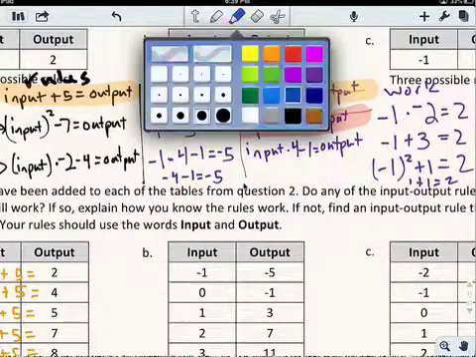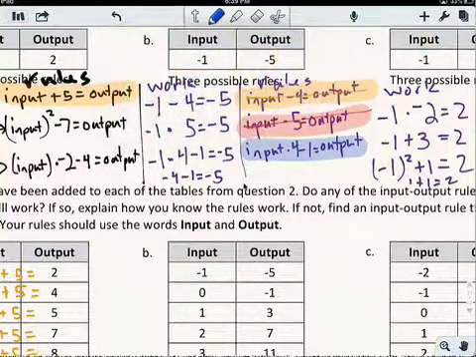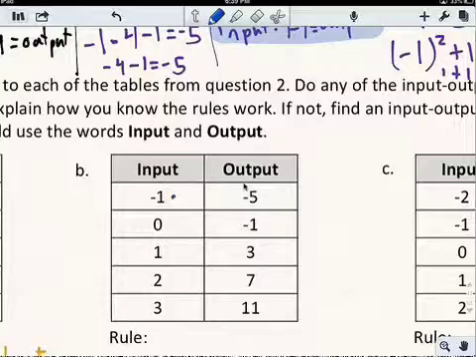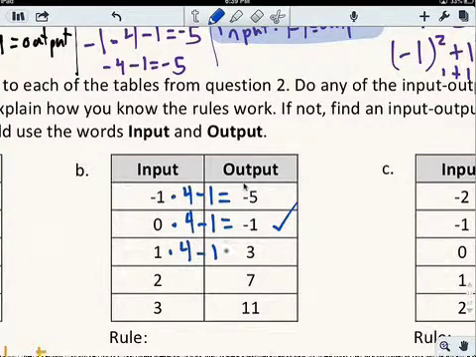We'll use blue here, just because we have these crazy zany tools. Input times 4 minus 1 equals output. Times 4, 0 times 4 is 0. Minus 1 equals negative 1. So hey, it works there. 1 times 4 is 4. Minus 1 gives you 3.